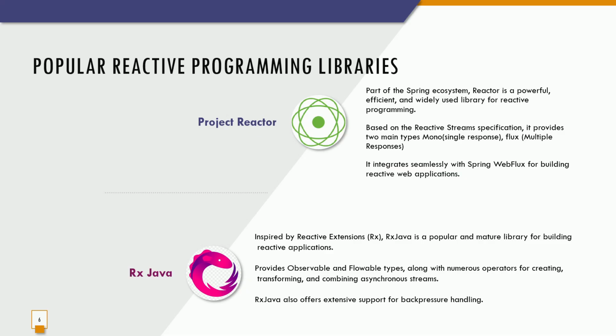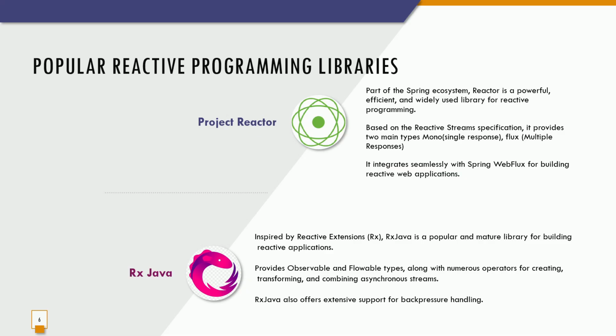Based on the reactive streams specification, it provides two main types: Mono, which has a single response, and Flux, which has multiple responses. Mono is for the single response, Flux is for the multiple responses. It integrates seamlessly with Spring WebFlux for building reactive web applications.